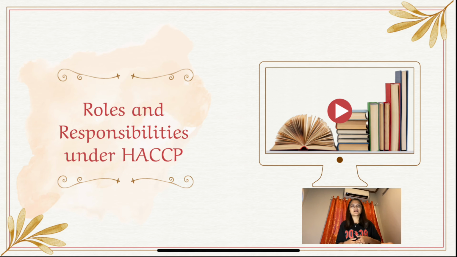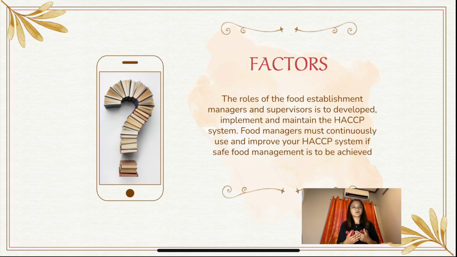The roles and responsibilities under HACCP or the Hazard Analysis Critical Control Point. The roles of the food establishment manager and supervisor is to develop, implement, and maintain the HACCP system. Food managers must continuously use and improve your HACCP system if safe food management is to be achieved.